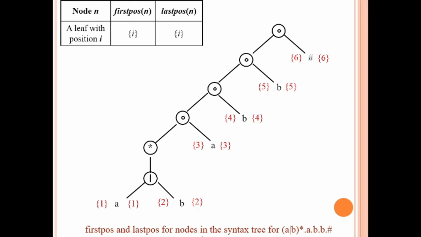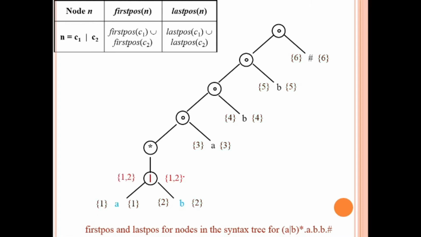Moving ahead, we will calculate the first position and last position of the internal nodes now. To begin with, we will find out the first position of the OR node. For the OR node, the rule says that first position of the OR node is equal to first position of C1, that is the first child, union first position of C2, that is the second child. We know that the OR node has A and B as the children.